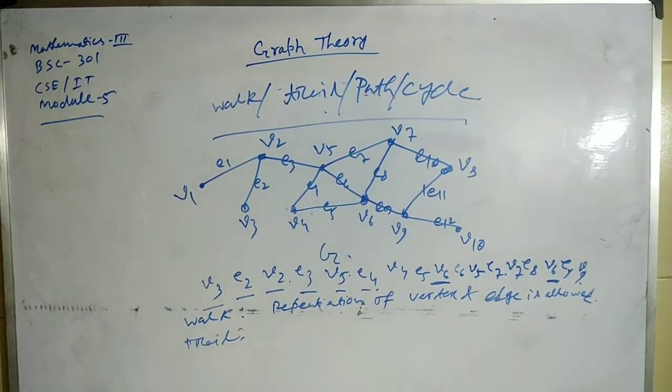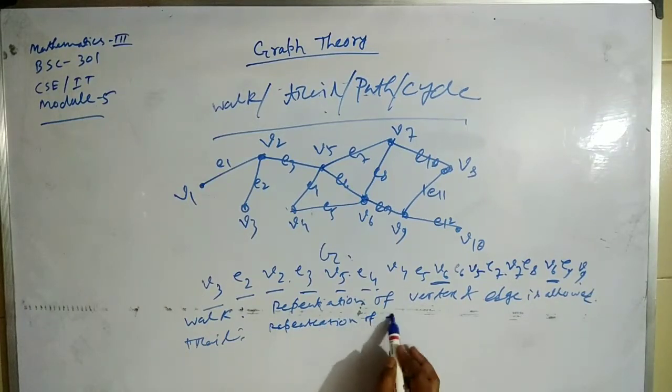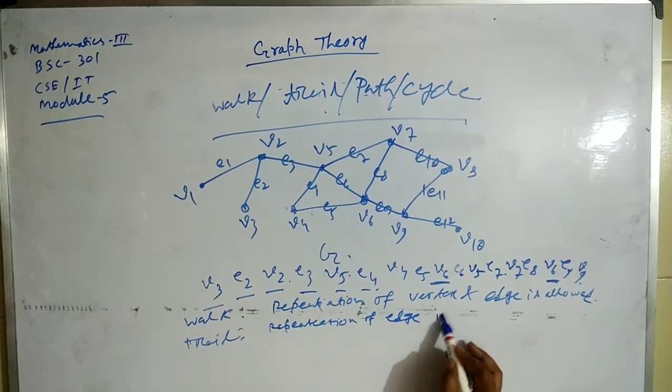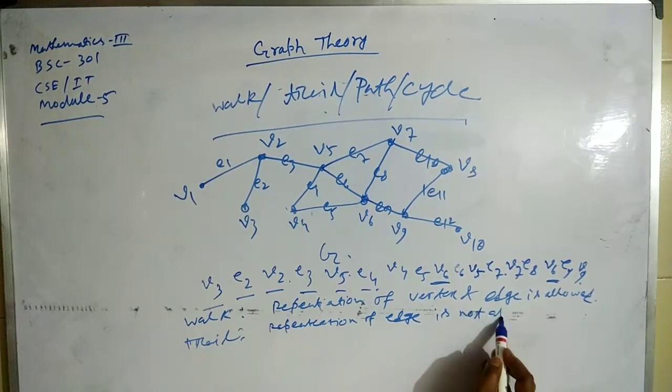A trail is also a finite sequence of vertices and edges, but there is a restriction. There should not be any repetition of edges. That is, all the edges in a trail must be distinct. So repetition of edge is not allowed.